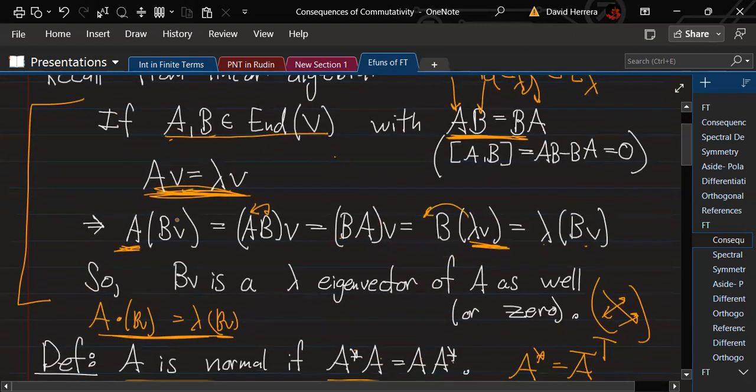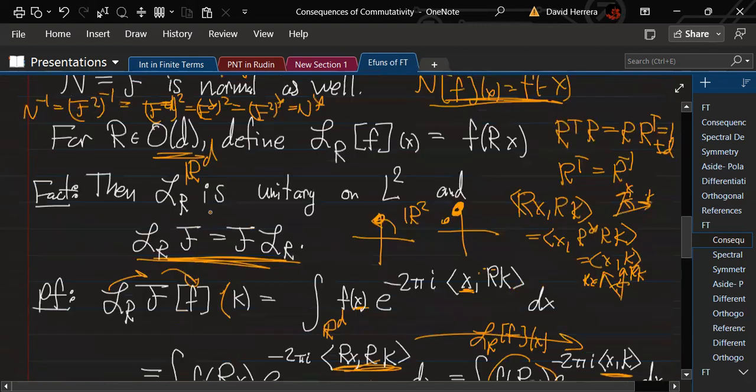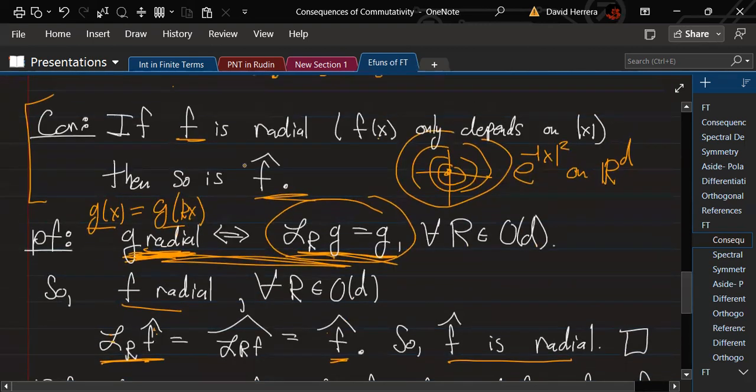We had a vector that has eigenvalue lambda. If you apply b to it, it also has eigenvalue lambda because they commute. So here I have a function that's radial, so it has eigenvalue 1 for this L_R. If I apply the Fourier transform, then it has eigenvalue 1 for the same operator L_R. That's the idea.